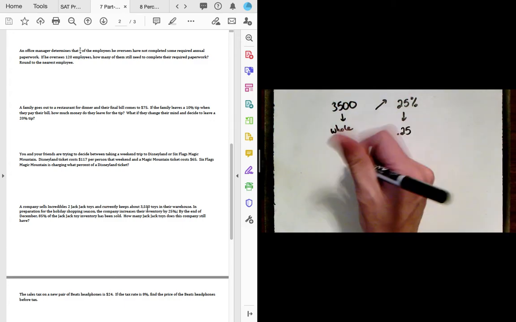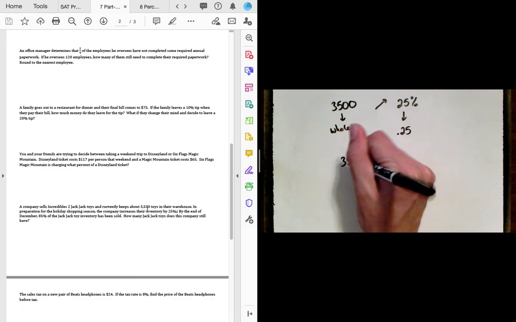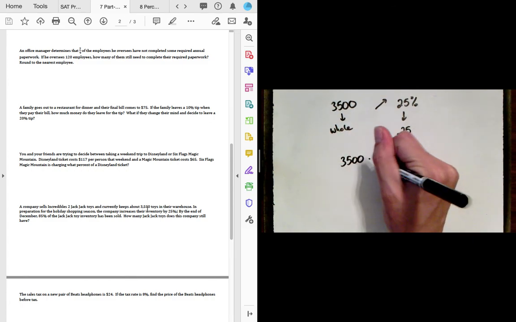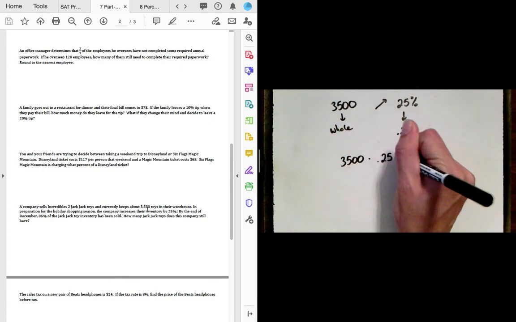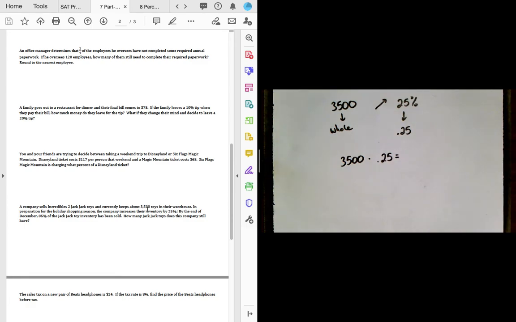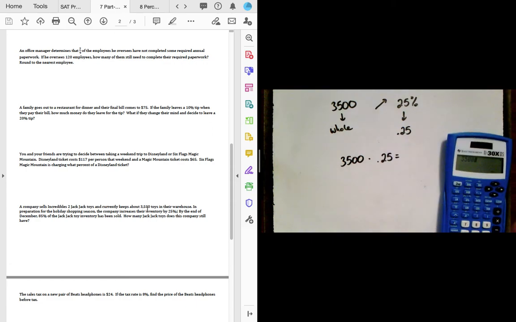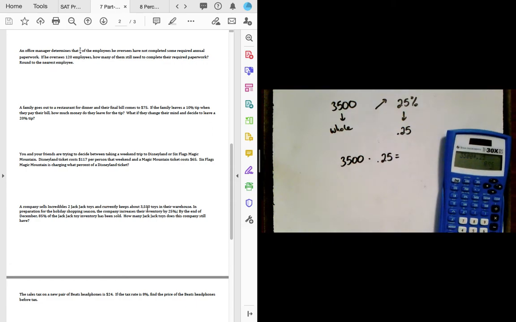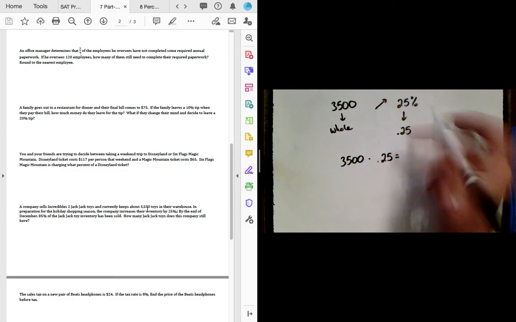Again, that's a part percent whole problem where we take 3,500 and we multiply by 0.25. This is going to tell me how many toys I'm going to add to my inventory. So I'm going to go 3,500 times 0.25. This gives me 875.